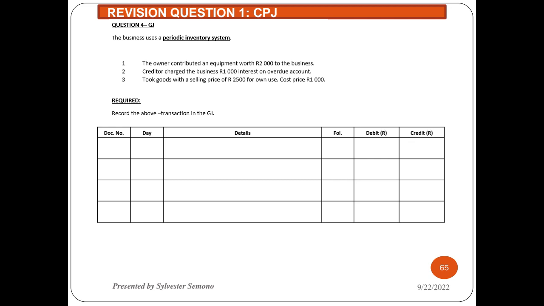Analyze quickly from your side. Capital is credit. And then equipment is? Debit. Thank you so much. Who needs clarity on that?